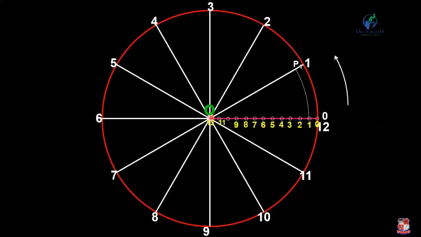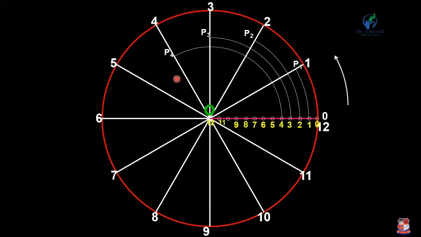Now similarly, O as a center, radius equal to O2 and draw an arc up to the line O2, and this intersection point is P2. Now similarly, O as a center, radius equal to O3 and draw an arc up to this line O3, and the intersection point is P3. Similarly, you can find all the points P1, P2, P3 to P12.